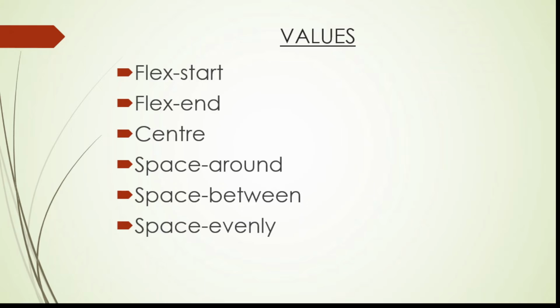But how it affects the items is also based on the flex direction. So if you have the flex direction on a row, how the justify content property will affect the items would be different from if the flex direction is set to column. So in this particular lesson, you concentrate on if the flex direction is set to a row.